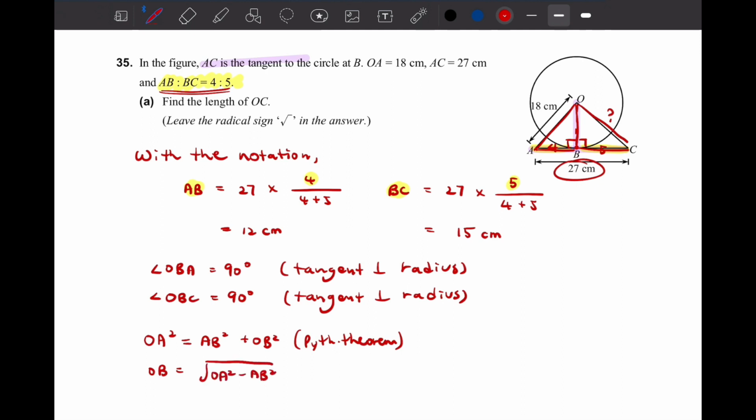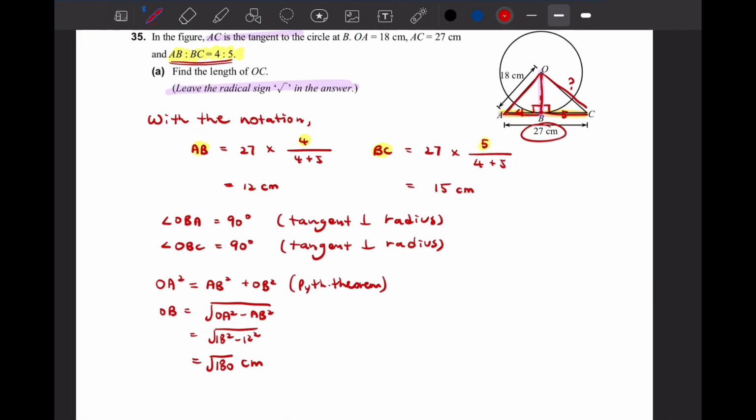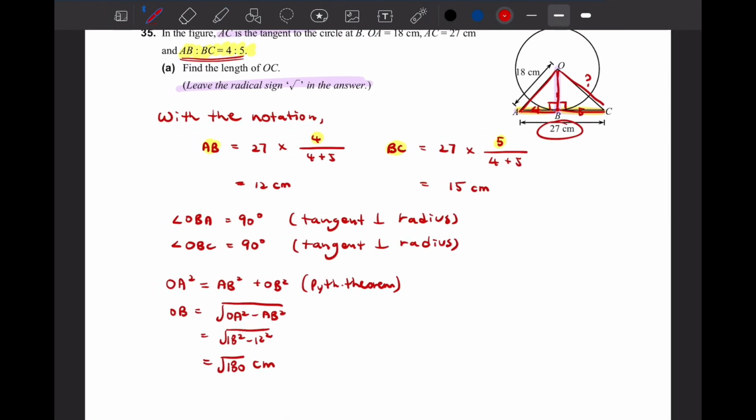So OB is equal to the square root of OA squared minus AB squared, which is your 18 squared minus 12 squared. So square root 180 cm. So I'm going to keep it with the square root here because it says leave the radical sign.